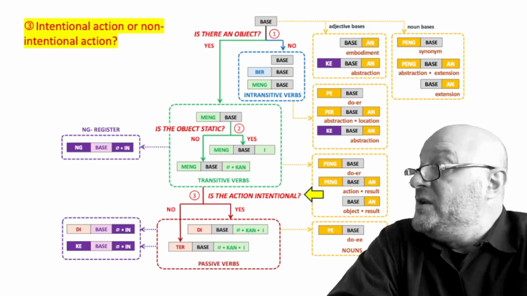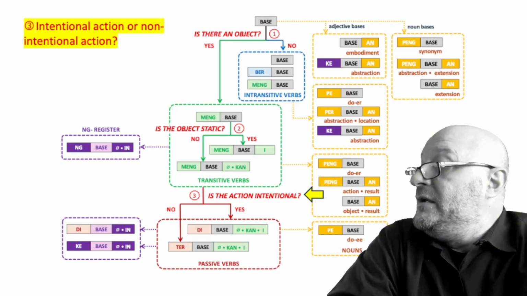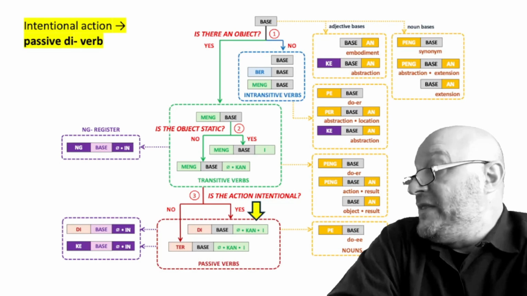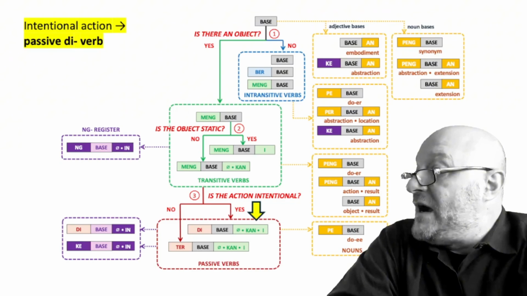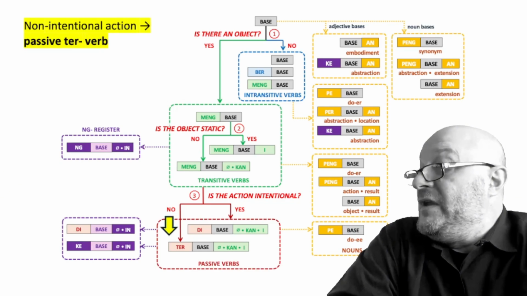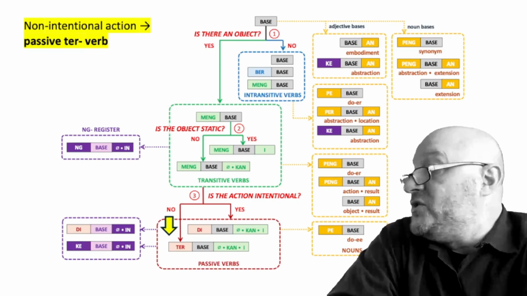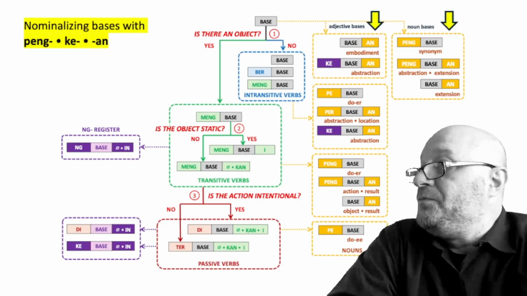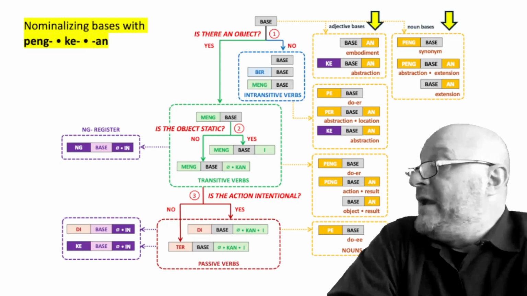The final question is intentional action or non-intentional action in the passive voice. So if in a passive sentence you have intentional action by the agent on the subject, you have a passive di- verb. If the action of the agent on the subject is non-intentional, accidental, you have a passive ter- verb. All right, here's another part of the affix system.